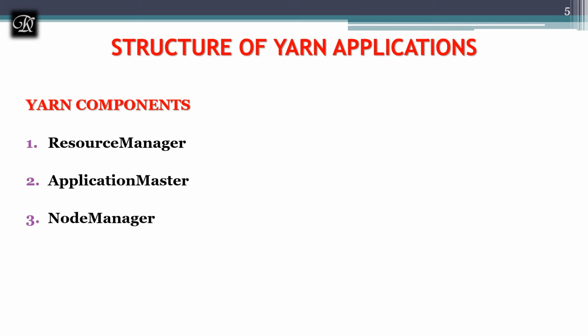And whatever task we do on the cluster, we have to maintain a log, right? That log management is done by the node manager. Then it reports the node and the container status to the resource manager. If there is anything faulty, it reports that to the resource manager.